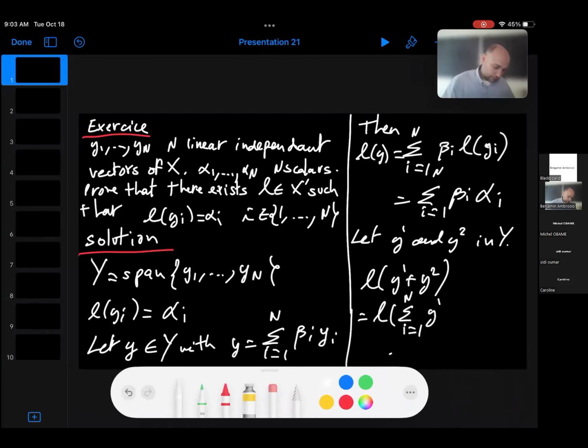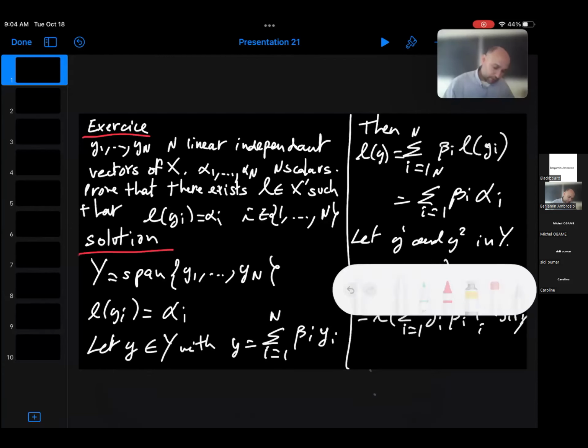Here I have one set of scalars beta 1i for y1, and y2 equals the sum of beta 2i yi.